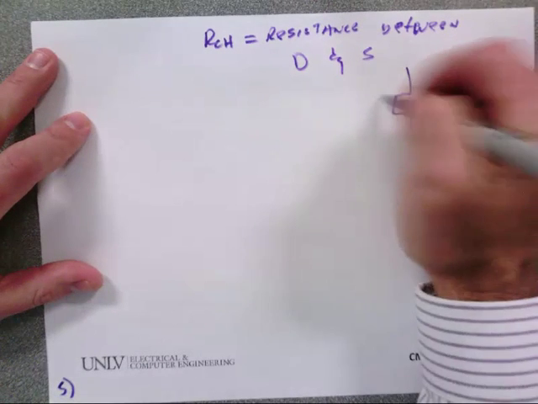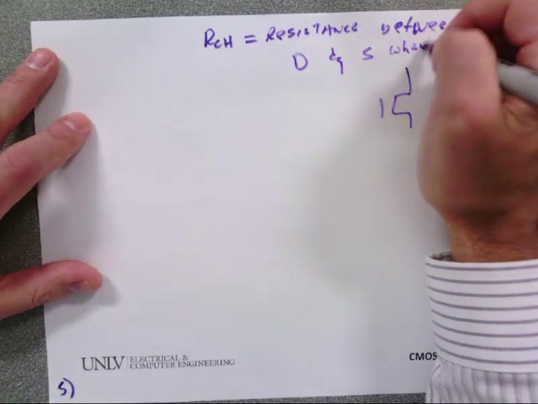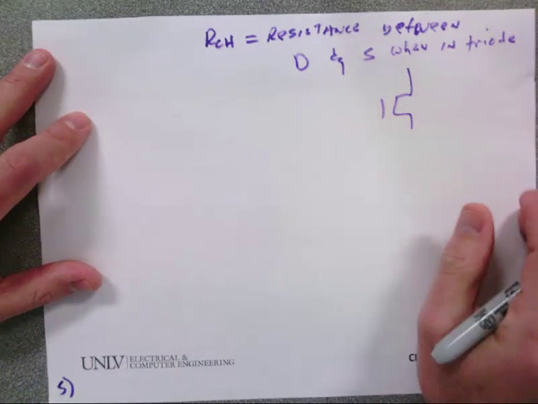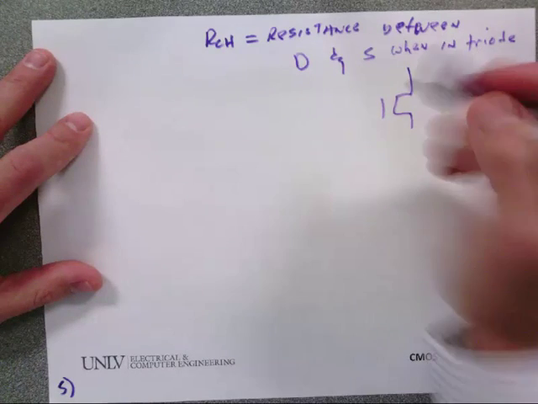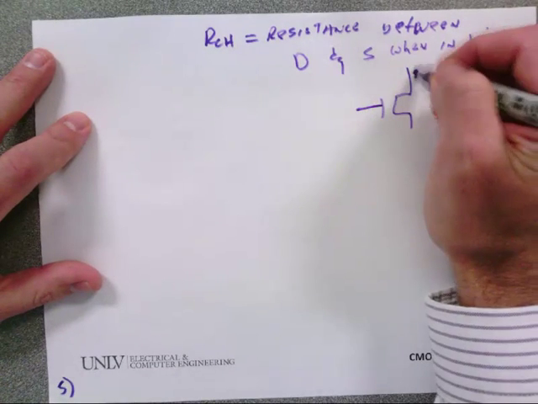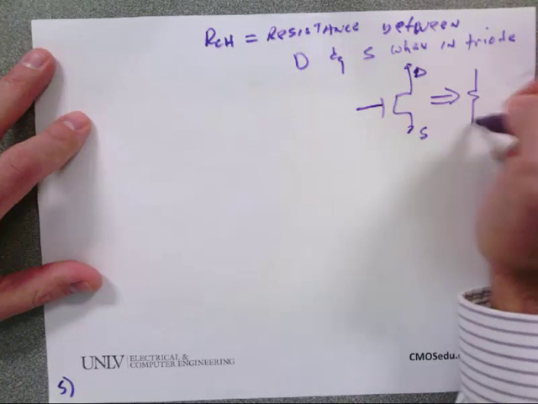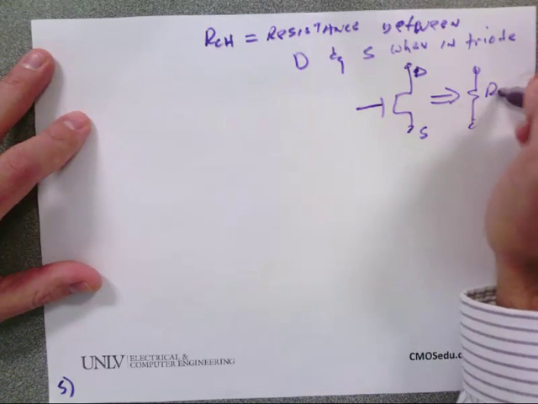So my MOSFET, and you're going to do this problem again, and it's due on Tuesday. So you're going to get a good grade. So this is the drain, this is the source. I'm going to replace that with a resistor called R channel.